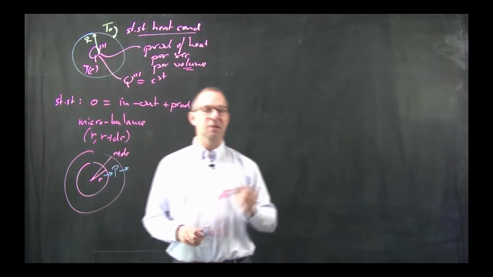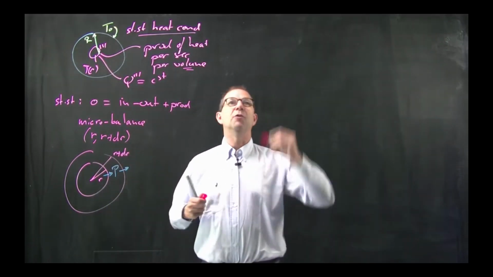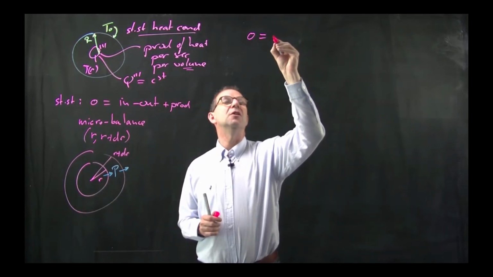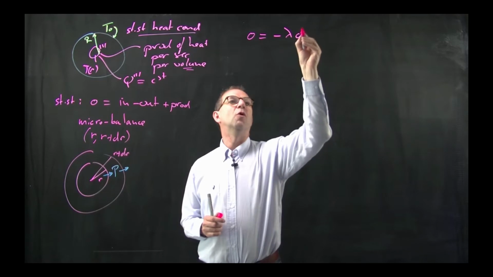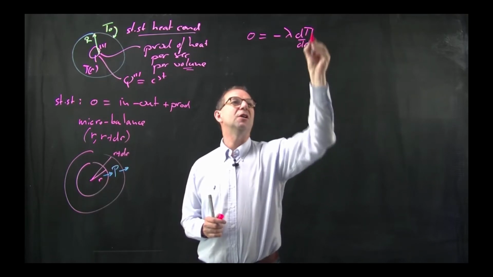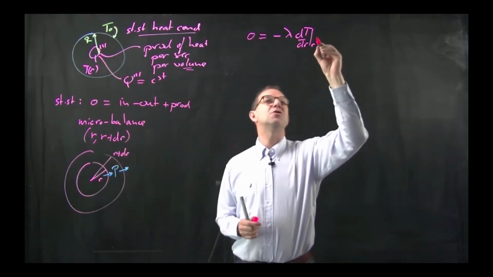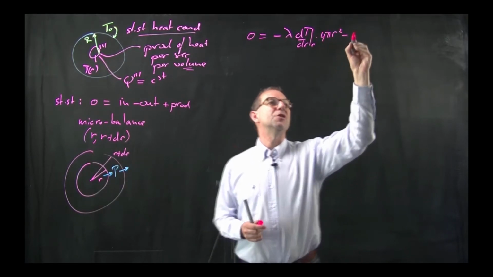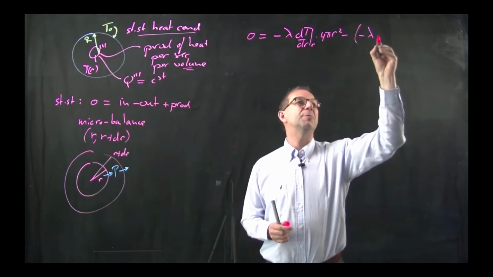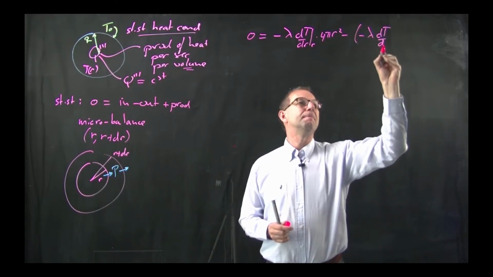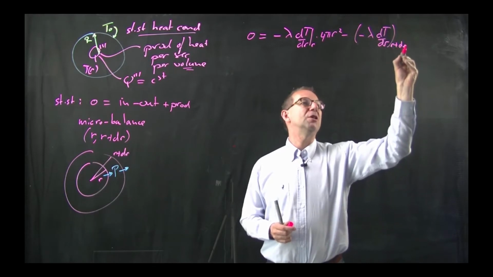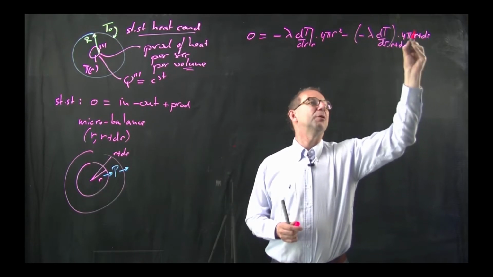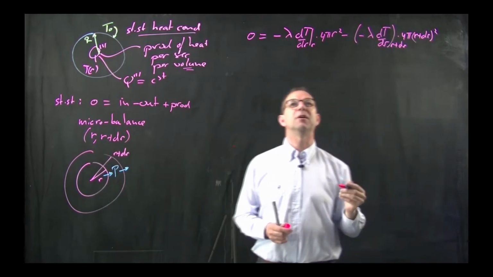So if I start equating my balance, but now fill in what I know, I have an inflow which is the Fourier form, minus lambda dT/dr, at the inner sphere, the area 4 pi r squared, and there is an outflow which is the same, but displaced. So at R plus dr, and has a bigger area through which it goes, because the radius is slightly bigger.